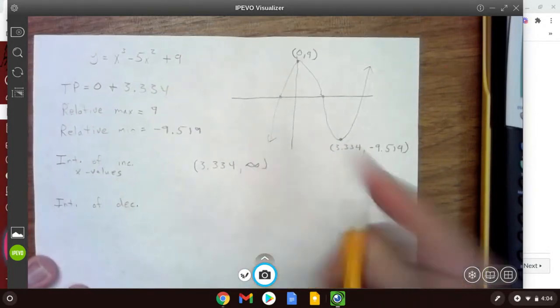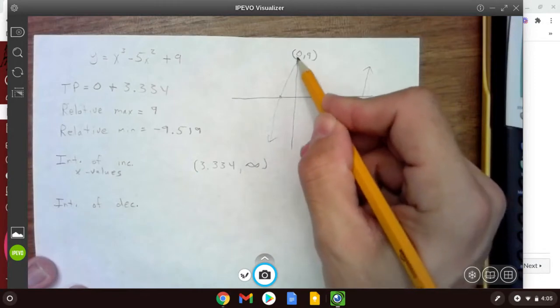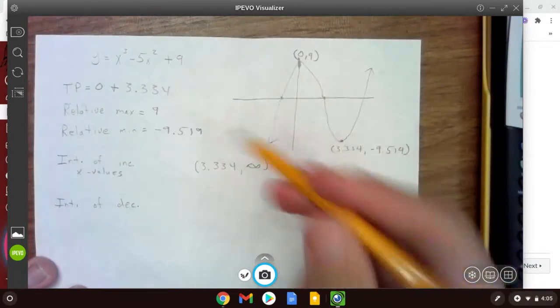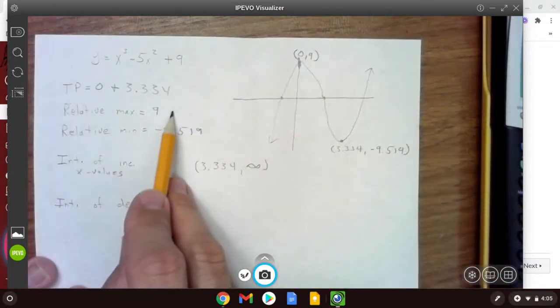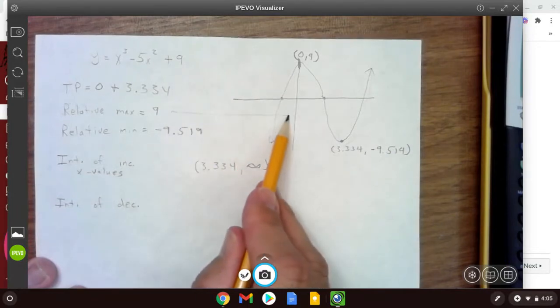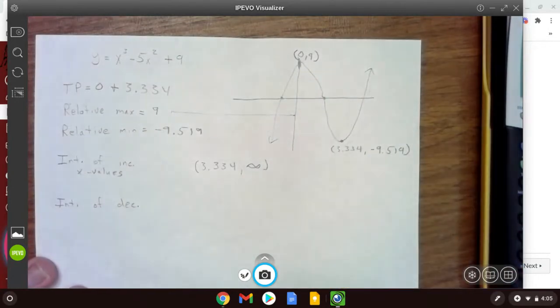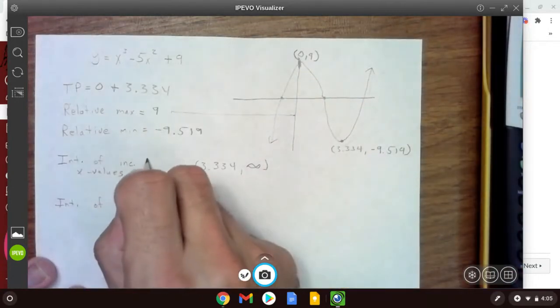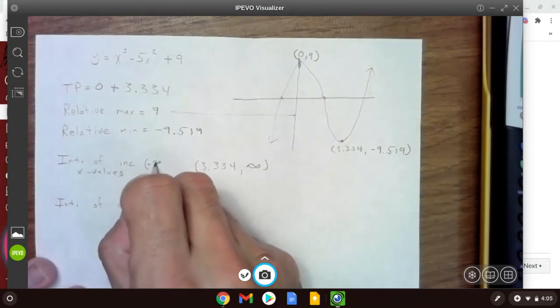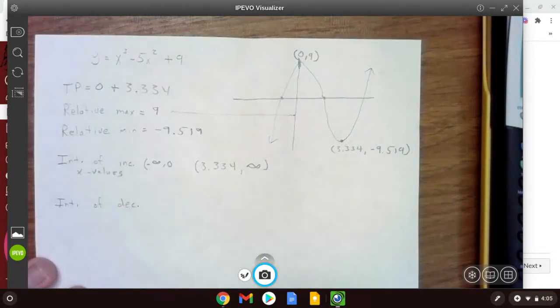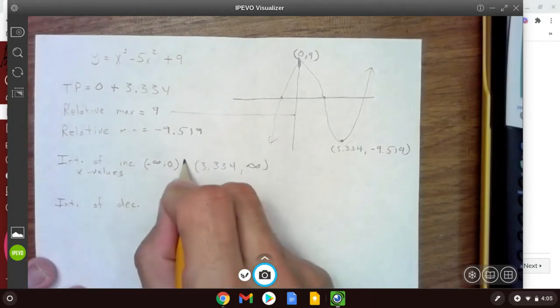But it's also increasing back here, from that spot backwards. So from negative infinity until it gets right there, which is 0. These are always the turning points. So from negative infinity up until 0, it's also increasing.